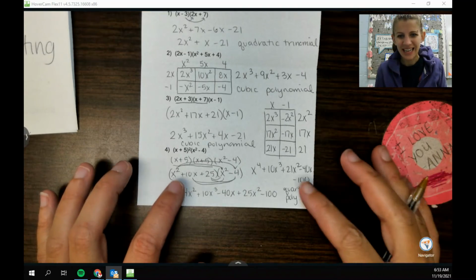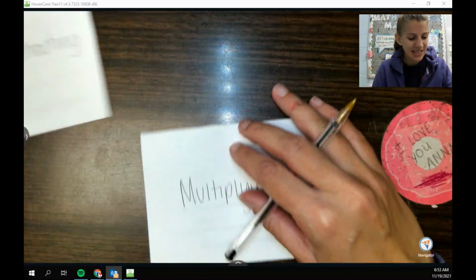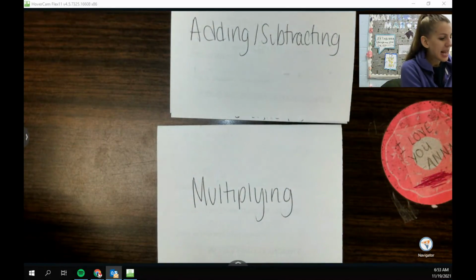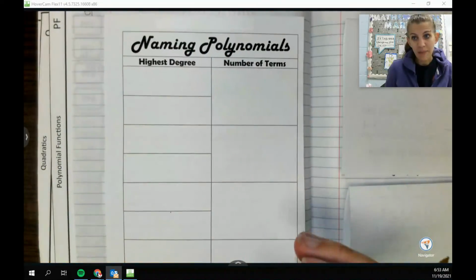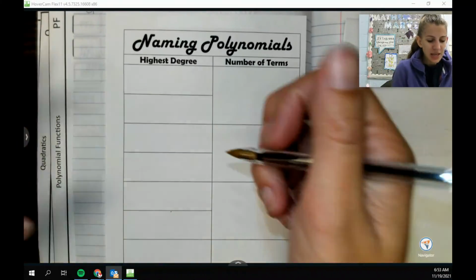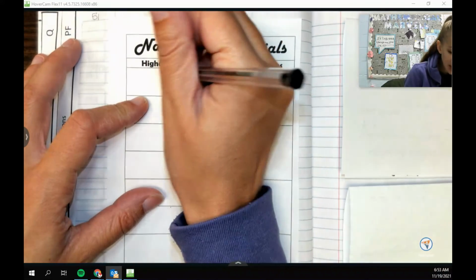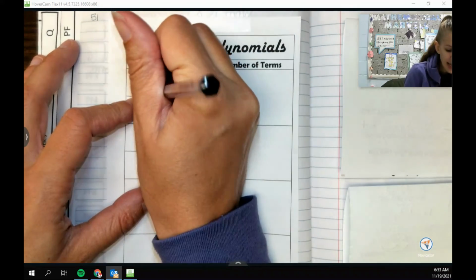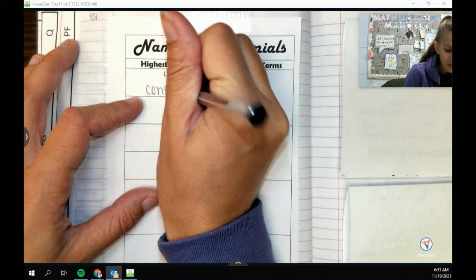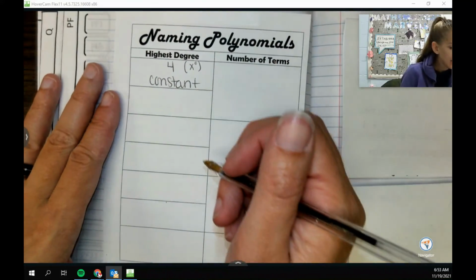All right, so last but not least, on that previous page where we had naming polynomials, this is just where we're going to compile all the names that we came up with. So if we are just a 0 degree, so just a plain old number, because we have x to the 0, that is a constant. So these are all my first names based on my highest degree.